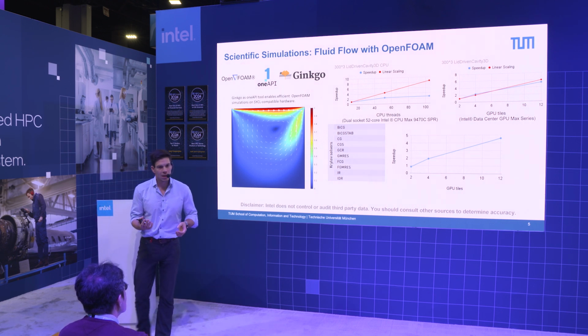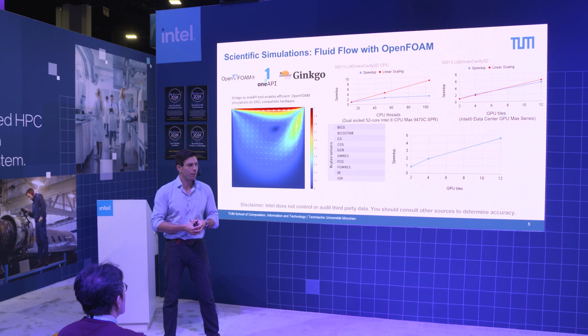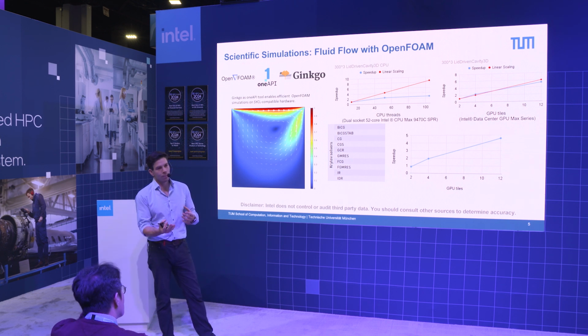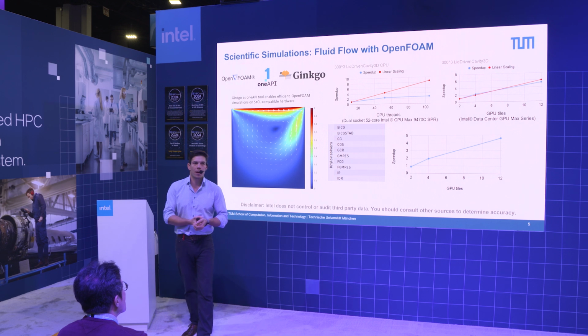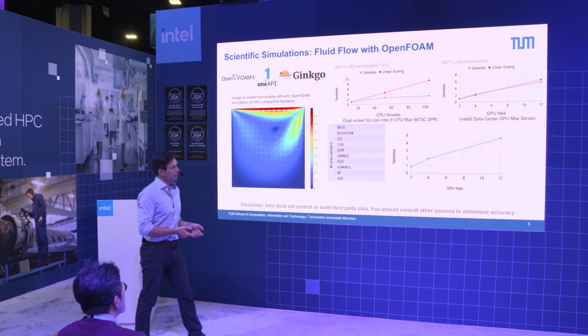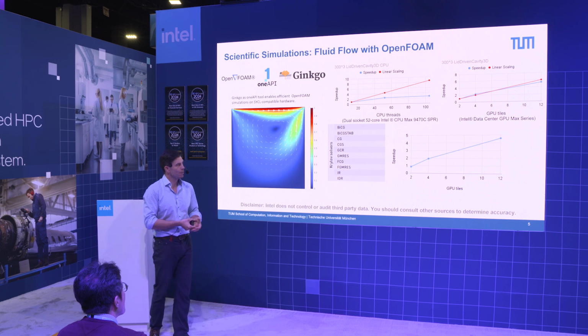And what we did is we basically plugged in as the numeric backend into OpenFOAM, and that enabled OpenFOAM to run on any of the hardware that is part of the oneAPI ecosystem. What you see here is that we can run both on Intel GPUs as well as on Intel CPUs.